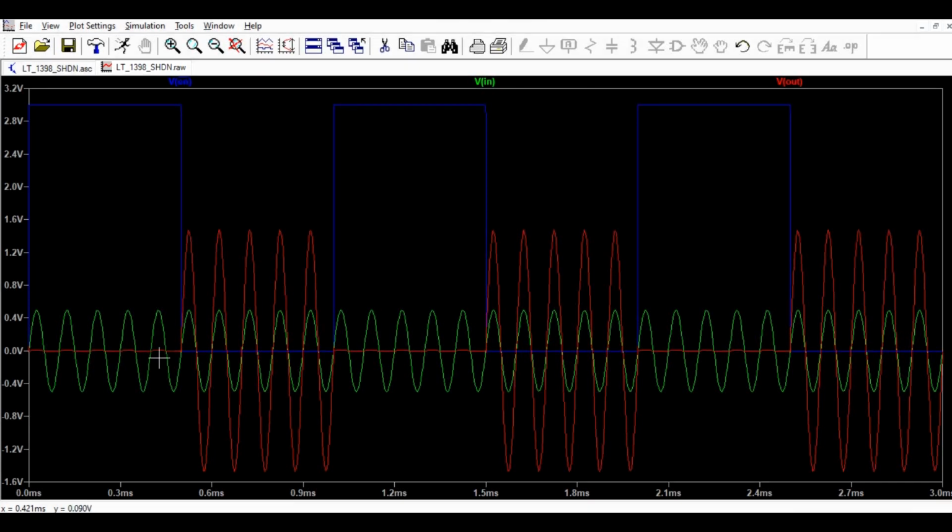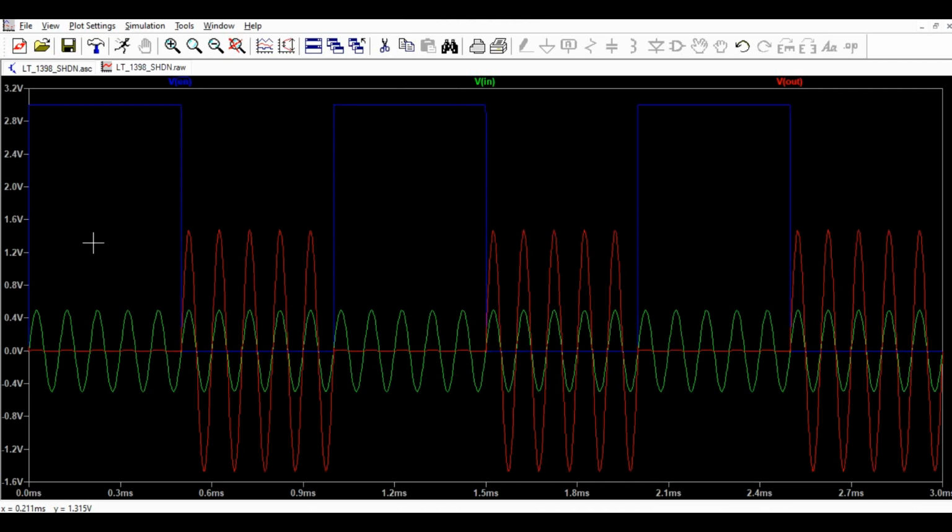So from here to here, your output is appearing. When your enable signal goes again to high, there is no output at your amplifier. Again when your enable signal is low, there is an output, and likewise it appears.